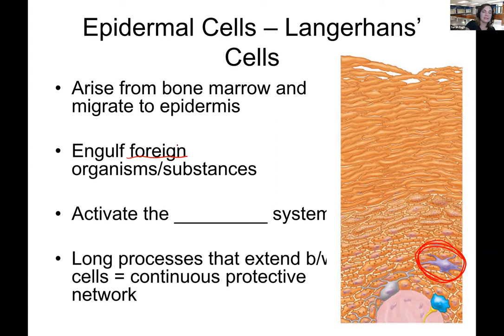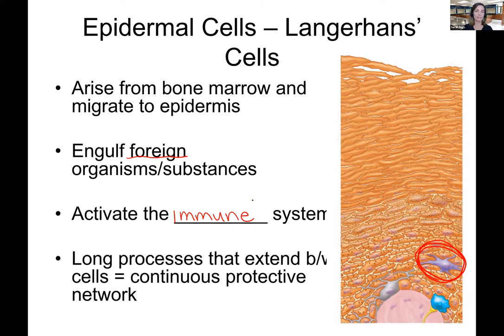They also activate the immune system. So remember, I mentioned to you earlier that these are part of the first line of defense. So if a Langerhans cell sees a foreign organism coming into your skin and recognizes it as foreign, not only will it gobble it up, but it'll activate your immune system and tell it, hey, there's an invader in here and you need to watch out and monitor the bloodstream and make sure that it doesn't get any further.